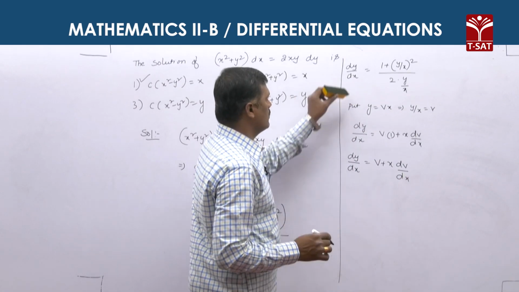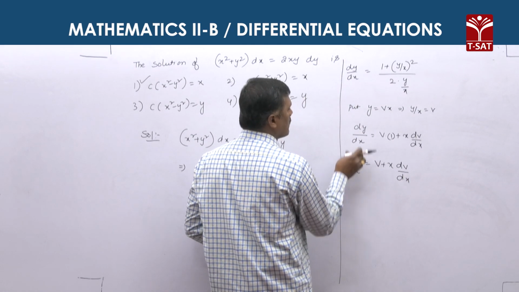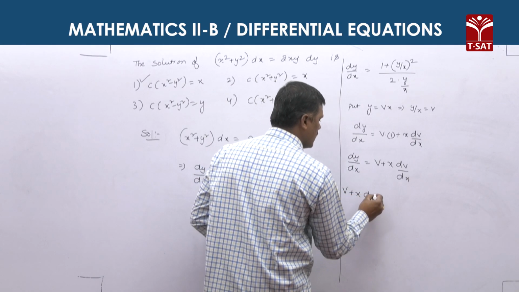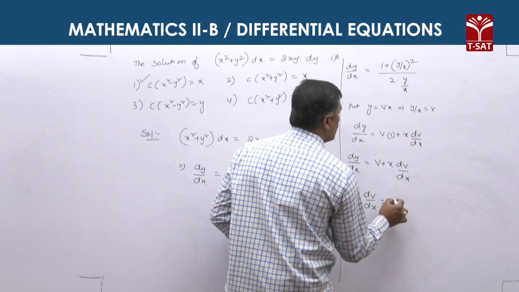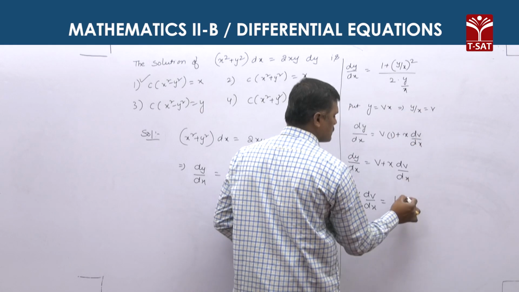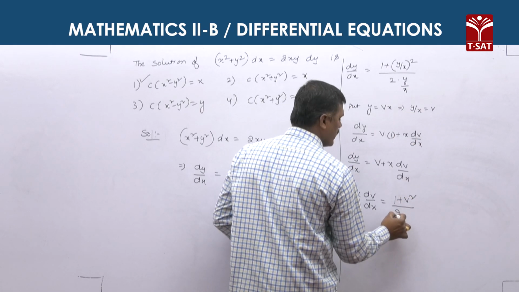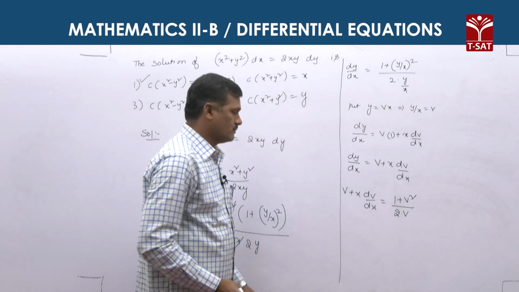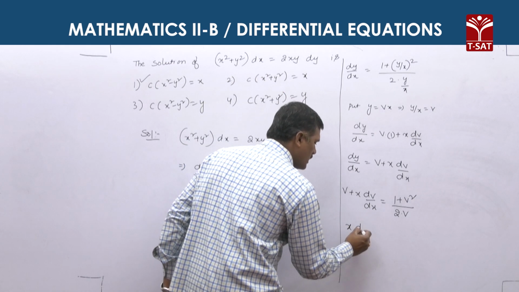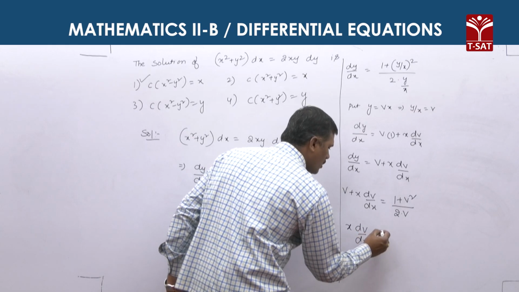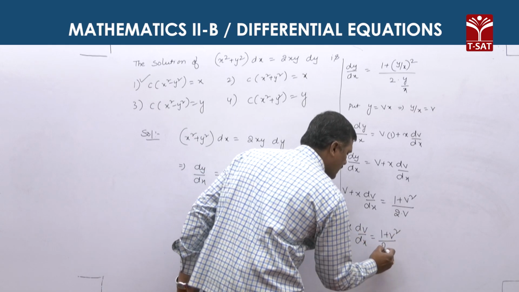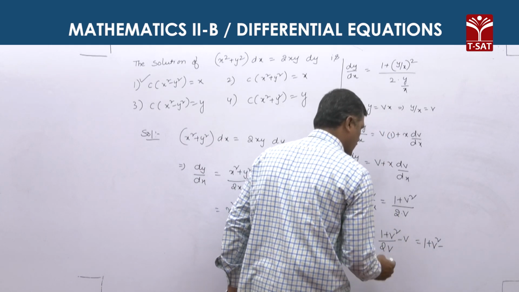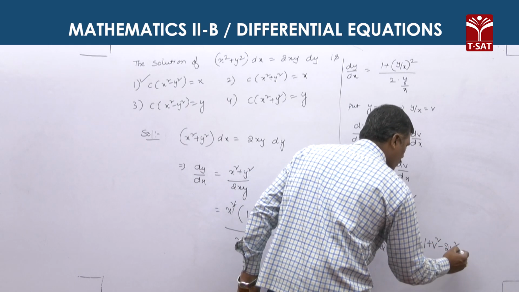Now the above equation will become, instead of dy by dx, just replace this value: v plus x into dv by dx is equal to 1 plus v square by 2 into y by x, which is v. Now the variables are separable. x into dv by dx is equal to 1 plus v square by 2v minus v, that is 1 plus v square minus 2v square, divided by 2v.